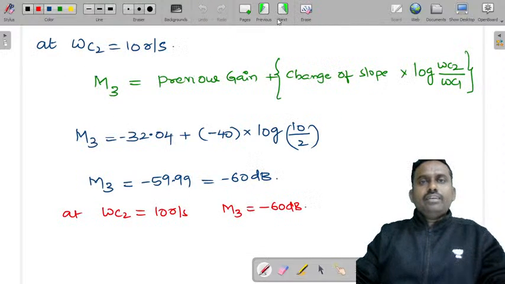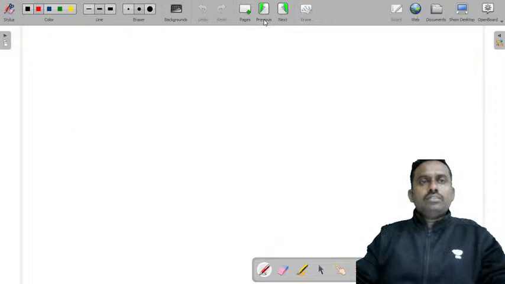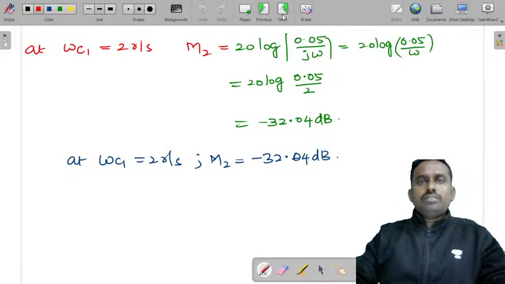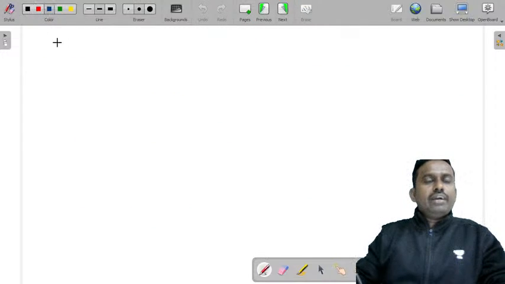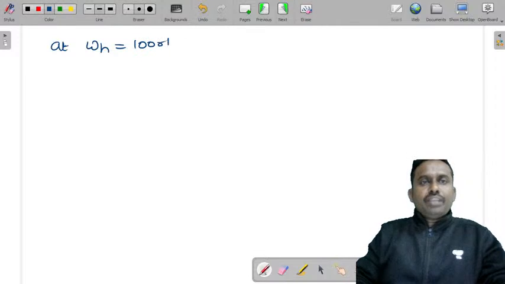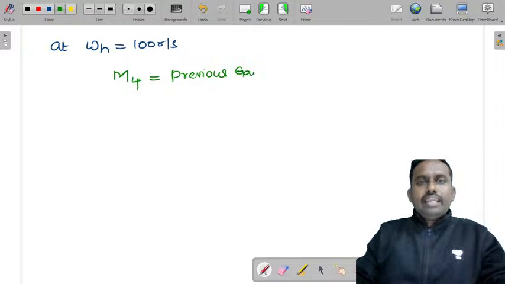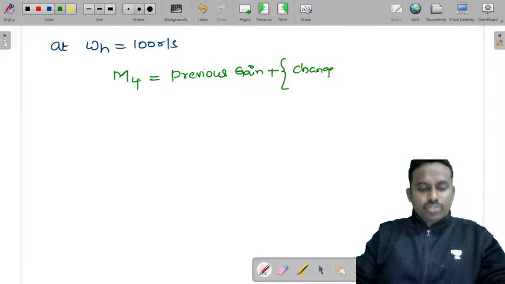Now let's consider omega H, which is equal to 100 radian per second. What is M4? You need to write the same expression: previous gain plus change of slope times log of omega H by omega C2.